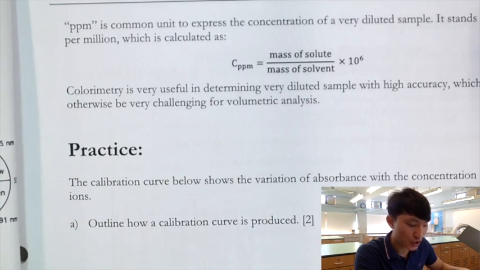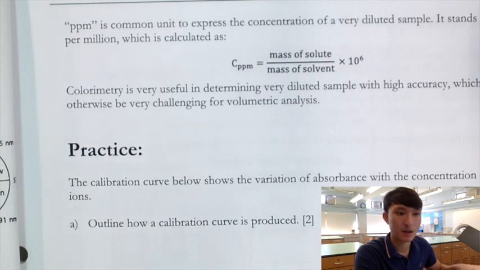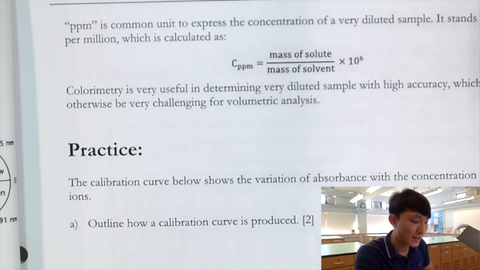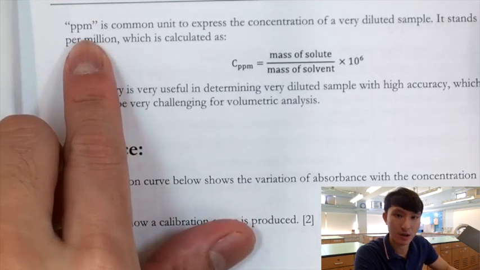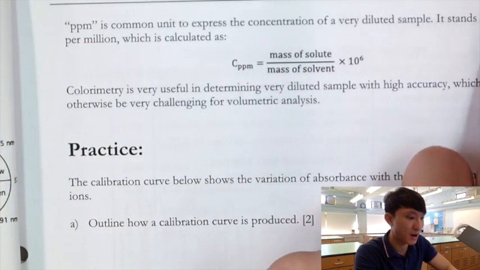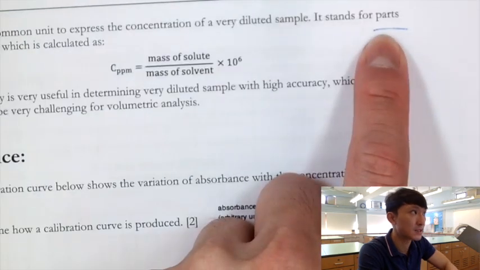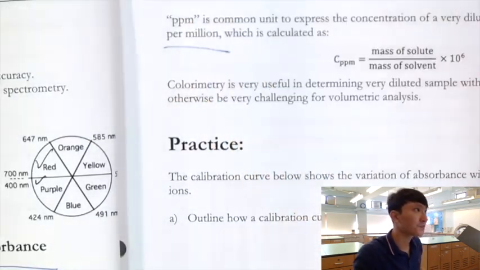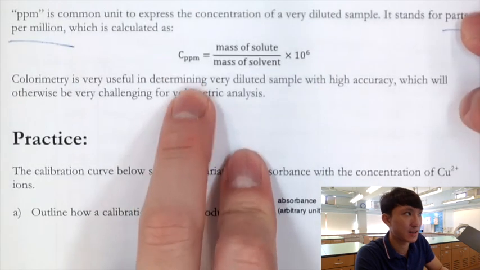So usually, if we are going to use this colorimetry technique, we are dealing with solutions that are very diluted. So when it comes to very dilute samples, instead of using mole per dm cube, sometimes we use the unit called ppm. The ppm stands for parts per million, which is calculated as follows.